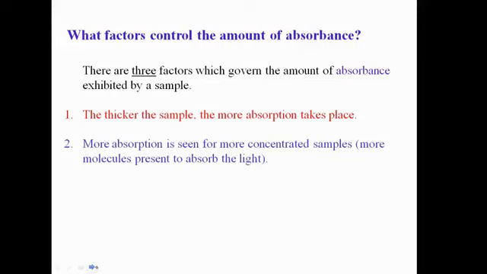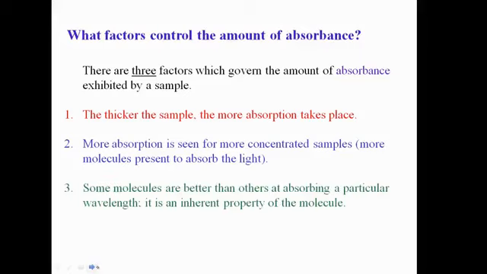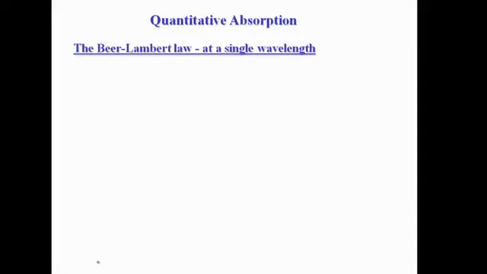So you have a different concentration of your solution in that cuvette. And then there's this inherent factor that some molecules are better at absorbing at a particular wavelength than other ones. So the thickness of the sample, the concentration of the sample, and then an inherent property of the actual molecule, how much energy it can absorb.